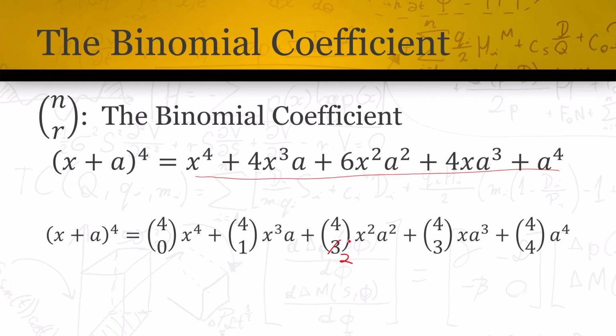Sorry about that. The binomial coefficient here, which once again is 4, and x a cubed, and then finally we're back to 1. So we call this the binomial coefficient because it provides the coefficients of a binomial expansion. It's actually a very convenient way to do that if you need to compute this.